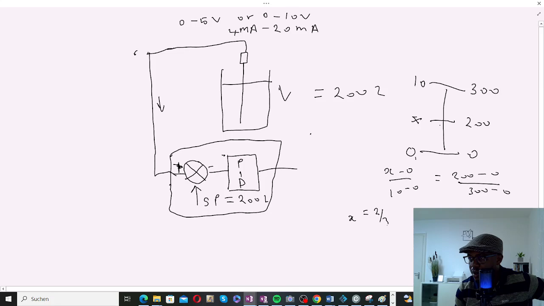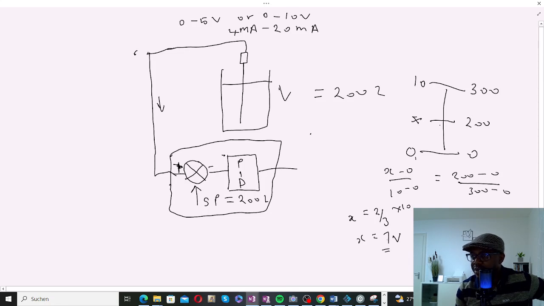2/3 times 10, which is 20 over 3. And 20 over 3 is roughly 7, because 21 over 3 is 7. So just take it approximately 7. So we talk about nearly 7 volts.